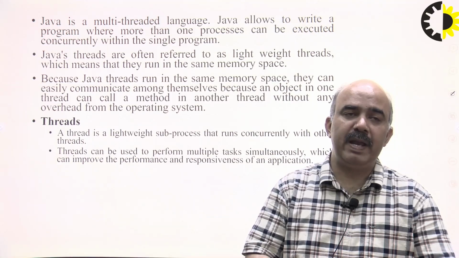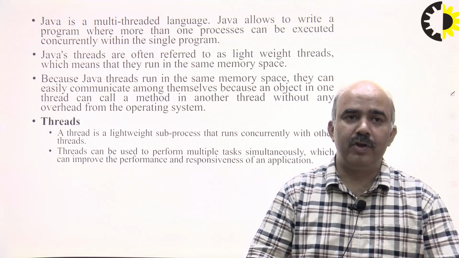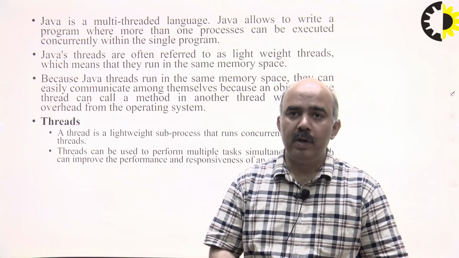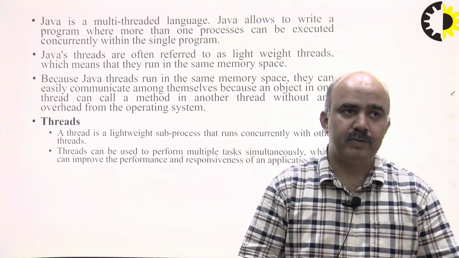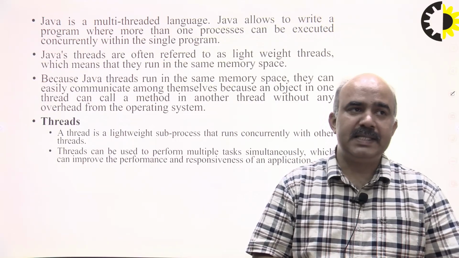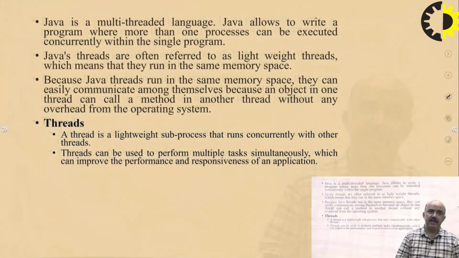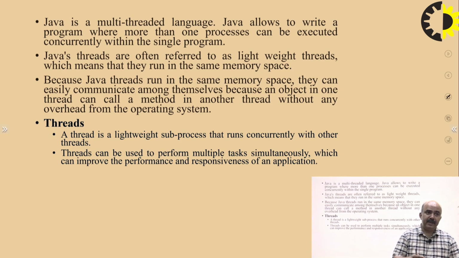So, there won't be any kind of overhead for the operating system in order to provide communication between these threads. A thread is basically a lightweight sub-process that runs concurrently with other threads. Threads can be used to perform multiple tasks simultaneously, which can improve the performance and responsiveness of an application.